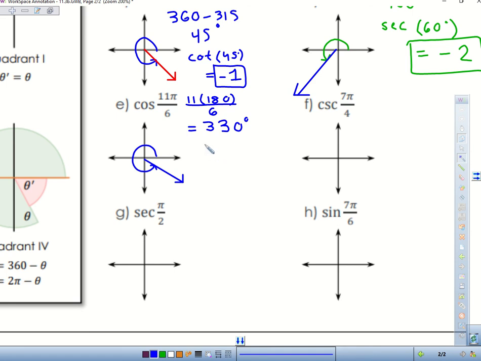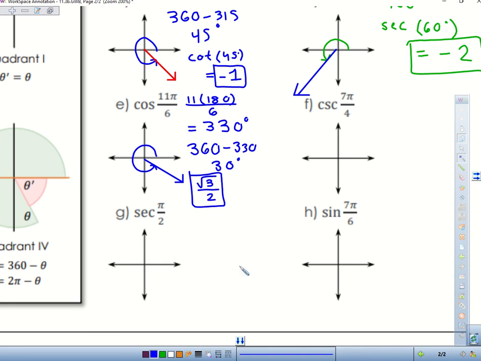Cosine is what in the fourth quadrant? The reference angle is 360 minus 330, which is 30, right? So cosine of 30 degrees is radical 3 over 2, according to our chart that we did the other day. And why is it positive here? Because it's in the right quadrant.